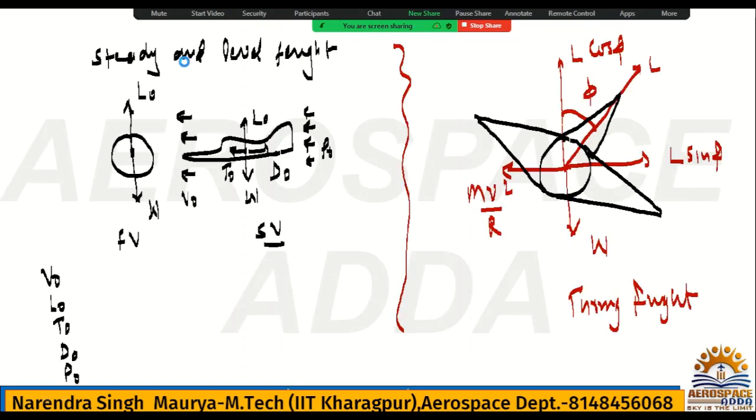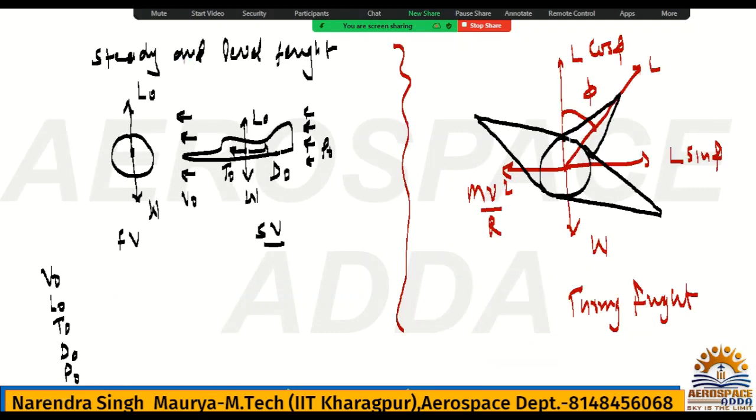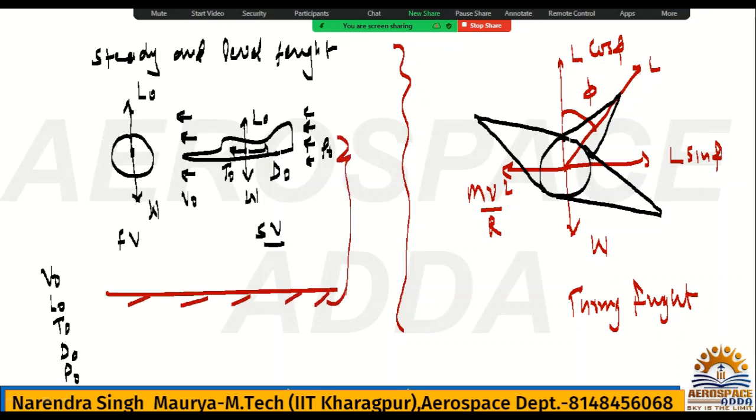So given, if you check all the value here, weight they have given to us, flying with the velocity of this in a steady state level flight. Okay, and that altitude also they have given. Everything is happening at some particular altitude. Suppose altitude for the aircraft is 3000 meter or 3 kilometer, for both, no doubt about it.